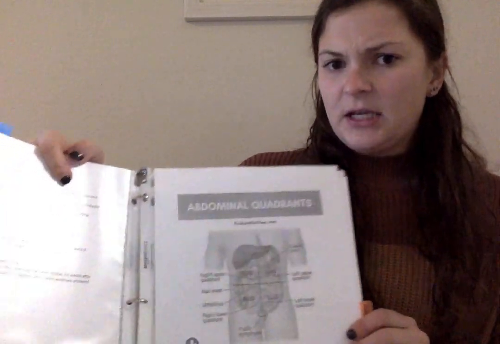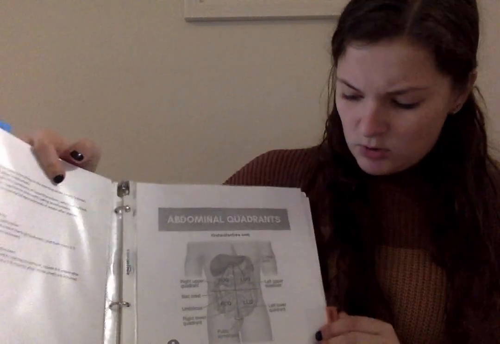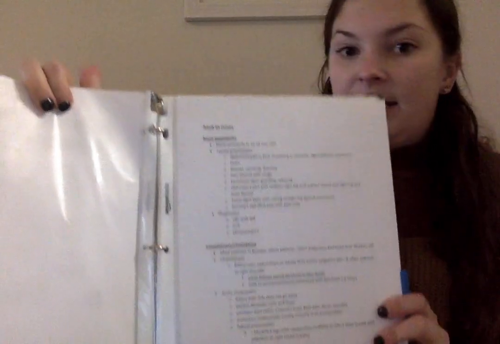In the next section, I put this picture of the abdominal quadrants just to have a reminder of where things are in the abdomen. And then I have a section on adult GI issues. So I have acute appendicitis, how you diagnose it, treatment.